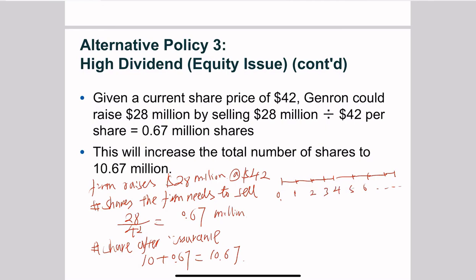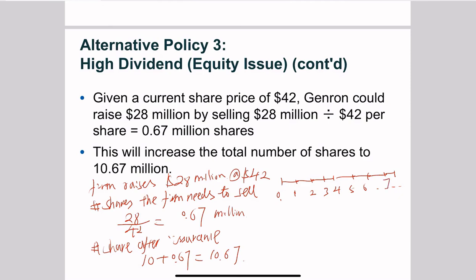Now what you can see here is that after issuing some new shares, the firm's number of shares will be higher, right? It will increase to 10.67 million shares. And we know that in the future, every year, the firm will generate $48 million. So you can see that in the future, the dividend per year will be smaller because now we have a larger number of shares.